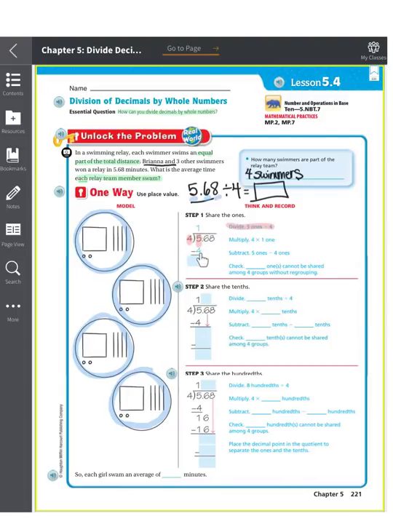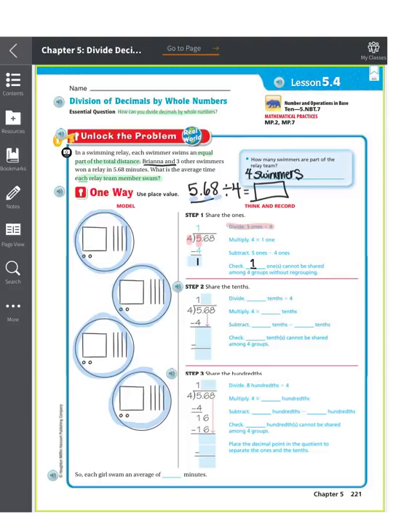So we put the 4 here because that's the closest to 5 without going over. Then we're going to subtract and see what we have left over. So if we subtract 5 ones minus 4 ones, I'm going to get 1 one. Check. Can 1 one be shared among 4 equal groups without regrouping?